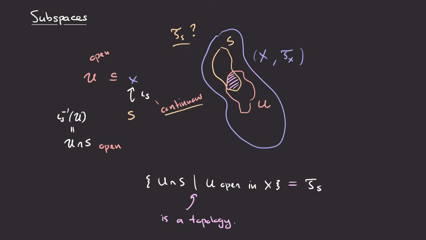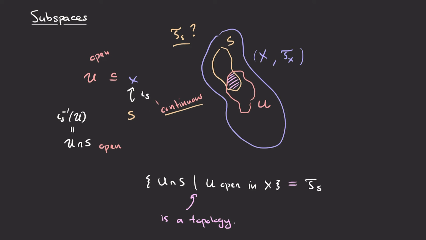Now, continuity of this inclusion means that for any open set U in X, the preimage under the inclusion, which happens to be the intersection of U with S, needs to be open in this new topology tau S. This means that this set down here, which is the set of all intersections of open sets in X with S, will be included in any candidate for tau S. So in particular, if we set this collection to be equal to tau S, then our choice of tau S will be the smallest topology on the subset S that still makes this inclusion map here continuous.